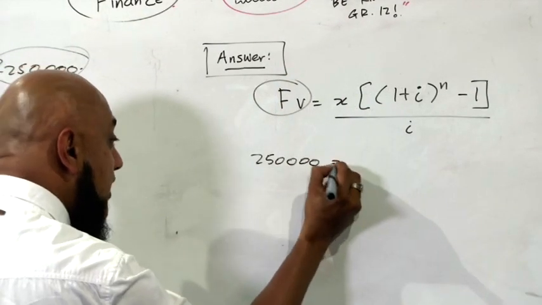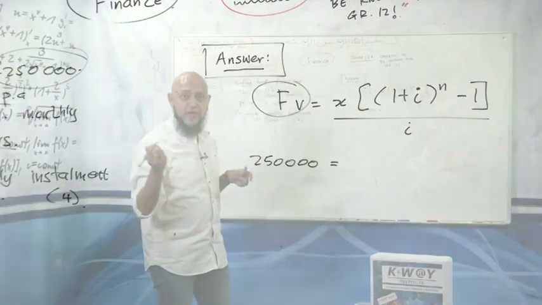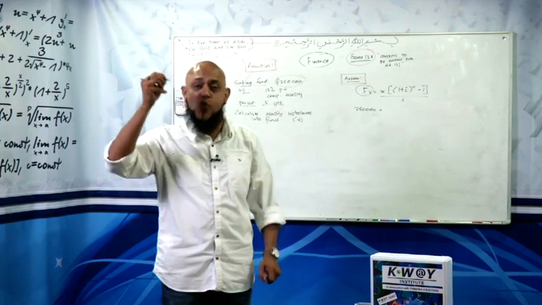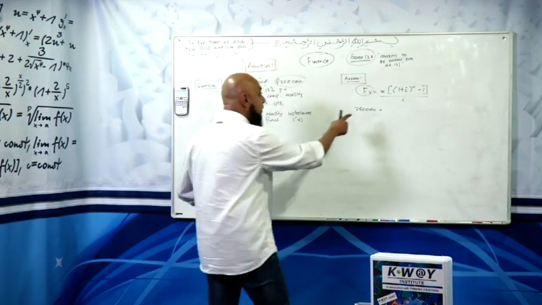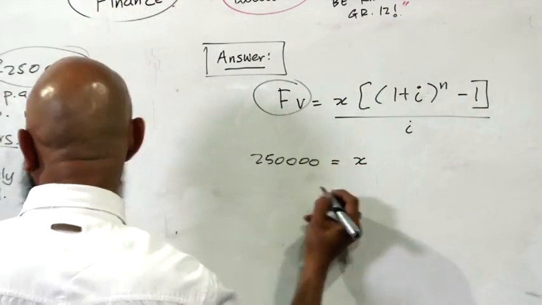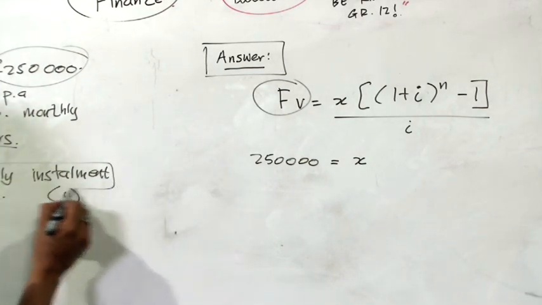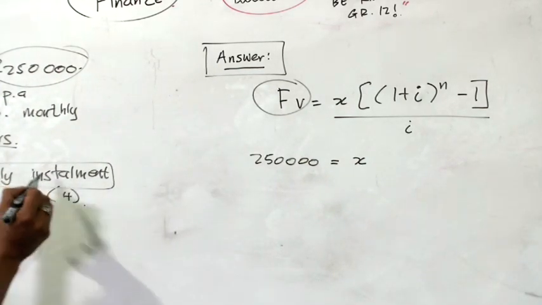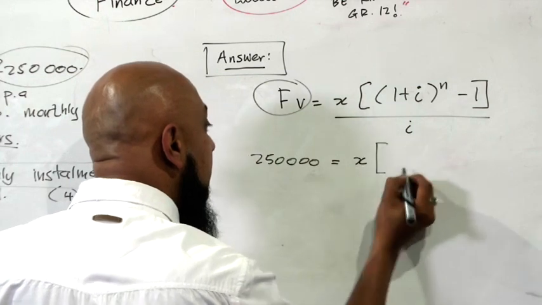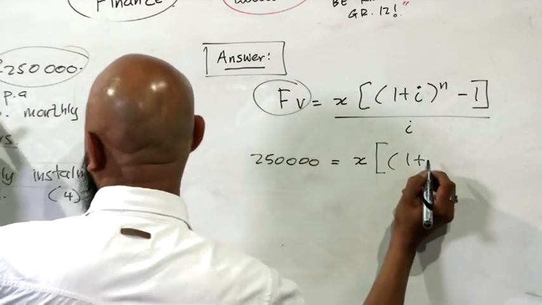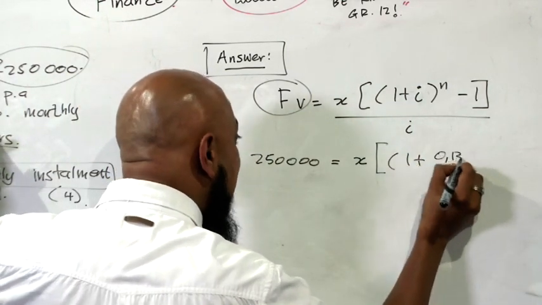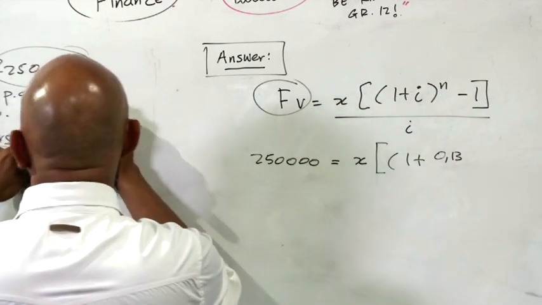Remember, it's all about formula. Mathematics is all about formula, substitution, and knowing what to put where. Now we go to X. That's our monthly installment because that's what they want us to find. So we're looking for X into 1 plus, what's your interest rate? 0,13 compounded monthly.